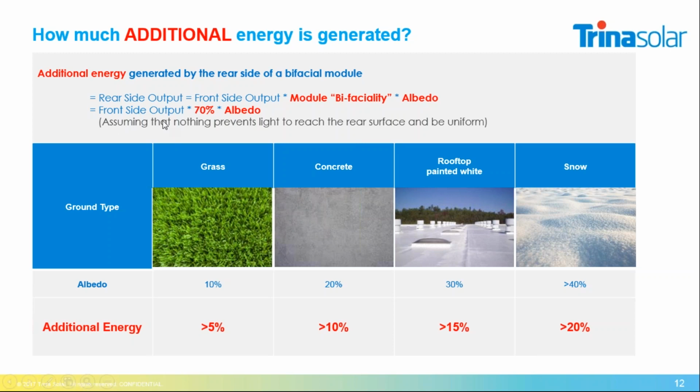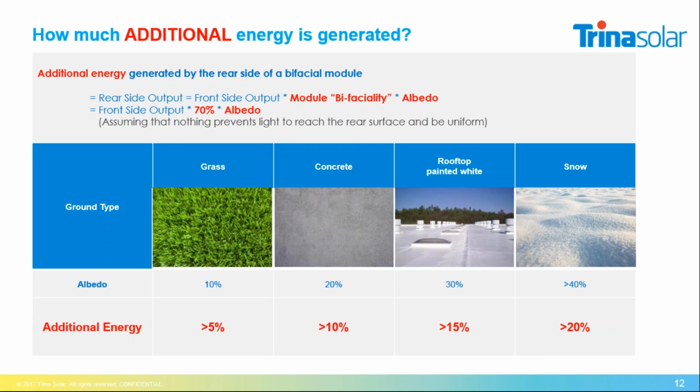We have the front side power multiplied by 70%, the module bifaciality, multiplied by the albedo. That means if you're flashing the backside of a P-type module with the 70% and a front side power of 300 watt, you can expect a rear side maximum power of 210 watt peak on a 60 cell module.